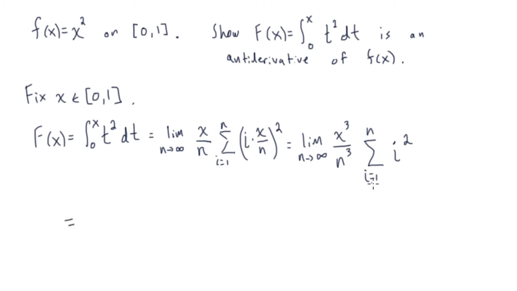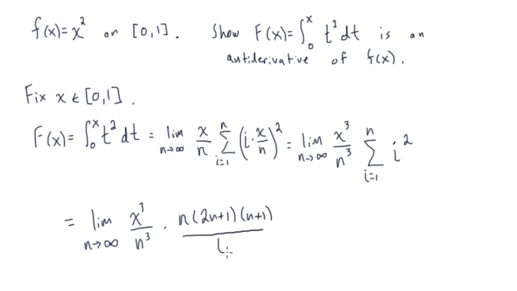The sum from 1 to n of i squared, I have a formula for that. So this is really just the limit as n goes to infinity of x cubed over n cubed times n times 2n plus 1 times n plus 1, all over 6.